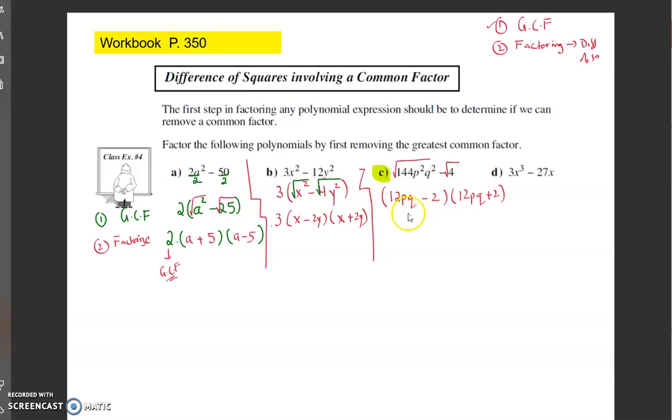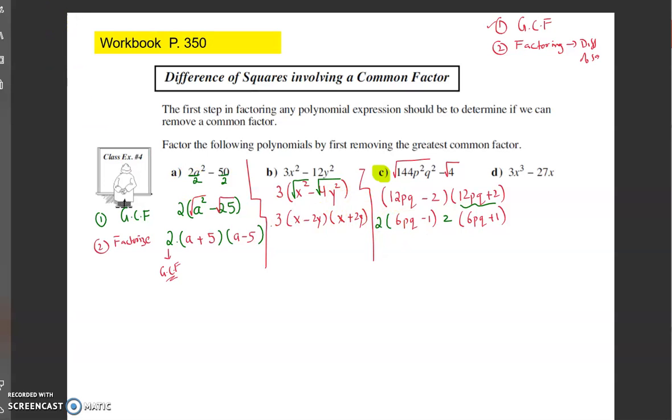That means you can take a GCF from each one of them. From this one, I can take a 2 out, leaving me with 6pq minus 1. And I can take another 2 out from the second factor, so again I'm left with 6pq plus 1. So you had to go do GCF again anyway, and this time you had to do GCF twice.